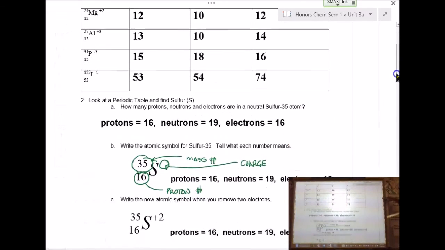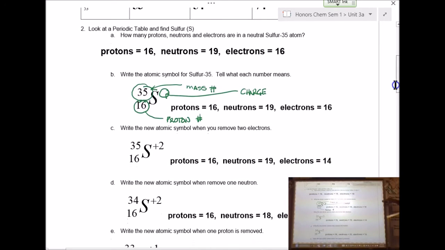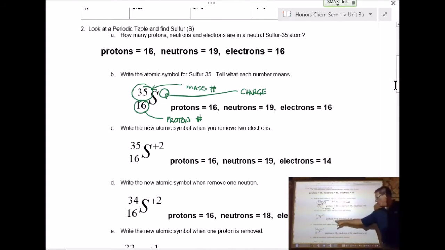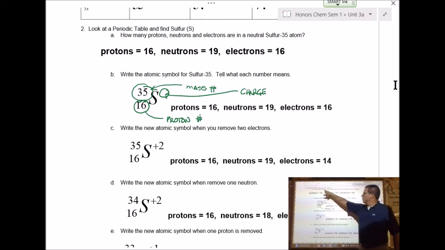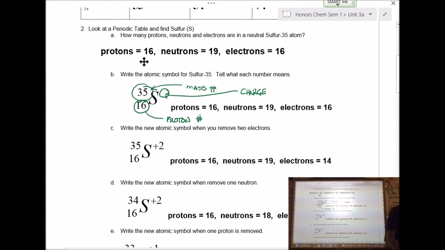Okay. Let's take a look at 2. Now 2 was kind of interesting, and I didn't ask you to show this information, but it's probably not a bad idea to keep you from doing something strange. So Part A said how many protons, neutrons, electrons are in neutral sulfur-35. If it's neutral, then your protons and your electrons should have the same value.